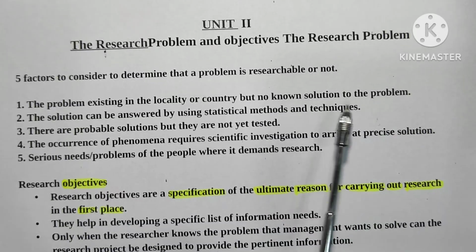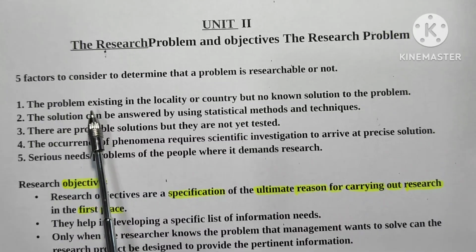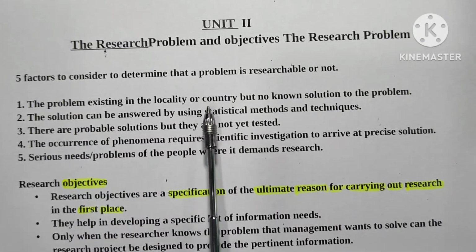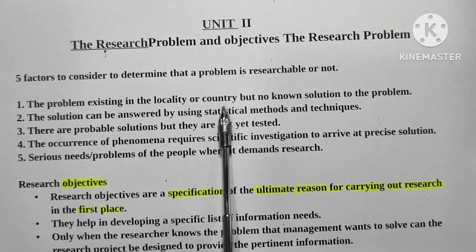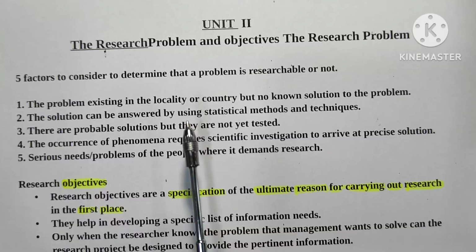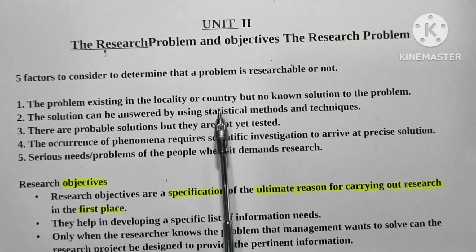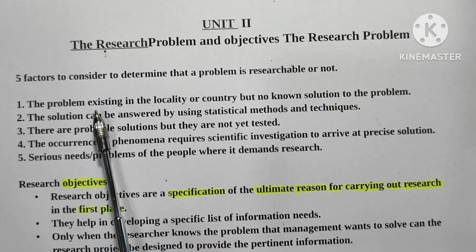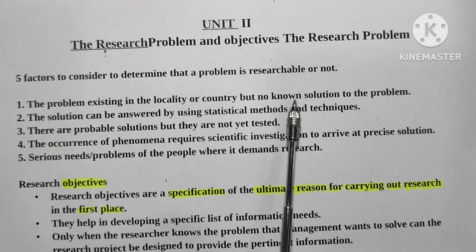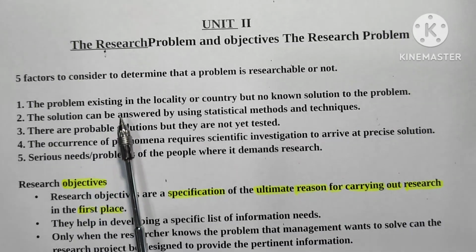The problem or question which is bothering you, existing in the locality where you are living, where you are working, or in your country, if that problem is creating a lot of children dying, or adults suffering, or you are facing it in your workplace, but for that problem no solution has been identified, that kind of problem can be selected.